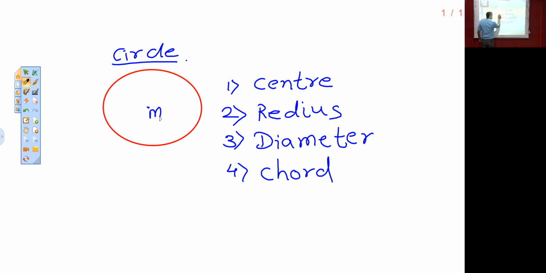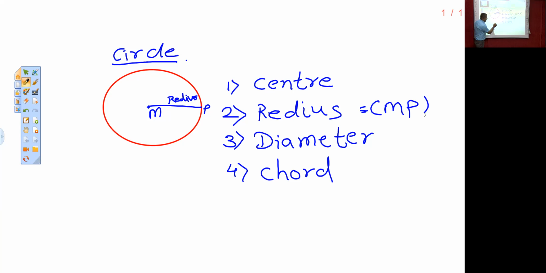Here I give one point that is called P, and make one line. So this is called the radius of the circle. So the radius is MP. MP is a radius.